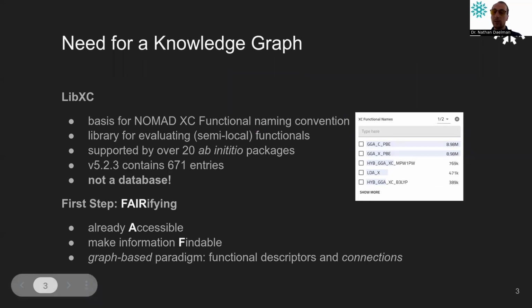So the way to go about this is to start from Libxc, which we already use for the nomenclature, as I mentioned before. Libxc contains around 700 functionals, and it is basically a code library with a very wide adoption among ab initio codes. This means that these codes, during the self-consistent cycle, when they're relaxing the electronic structure, can outsource the evaluation of the exchange-correlation.